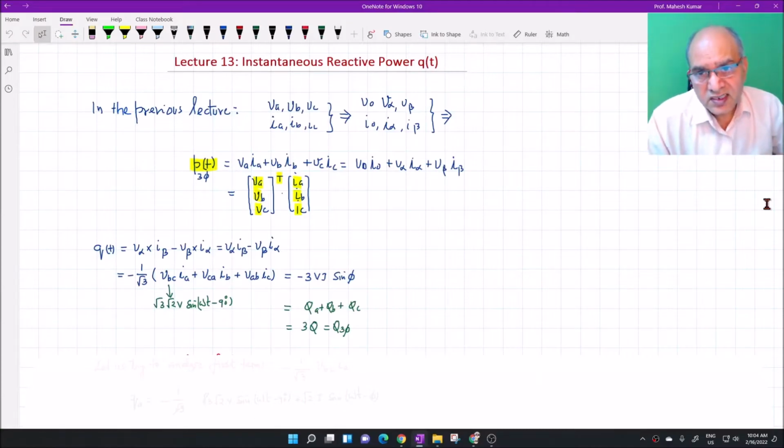So welcome to this 13th lecture. This is in continuation with the previous class where we were defining the term instantaneous reactive power and its various components.